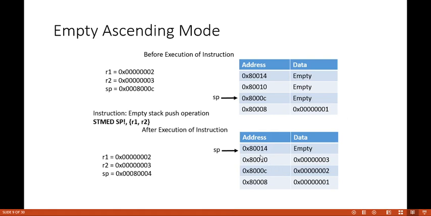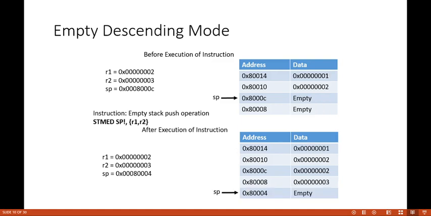So remember, in case of empty ascending mode, the stack pointer will always point to the empty location, and whenever it goes on advancing there, it will go on filling up the memory locations. So the syntax is STMEA SP exclamatory mark in brackets R1 comma R2. So this is empty ascending mode.